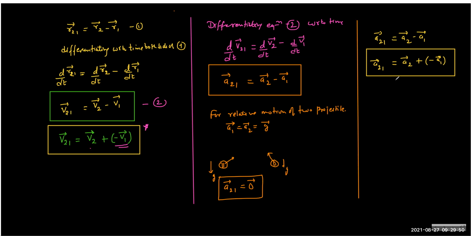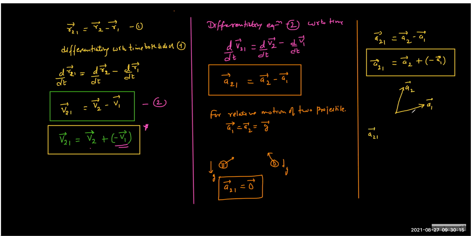So mostly it's velocity dependent, and they are solved using the concept of velocity. And again, it's a resultant of A2 and minus A1. So if you know that A1 is this way, and A2 is this way, can you represent A21? What is the vector diagram of A21?